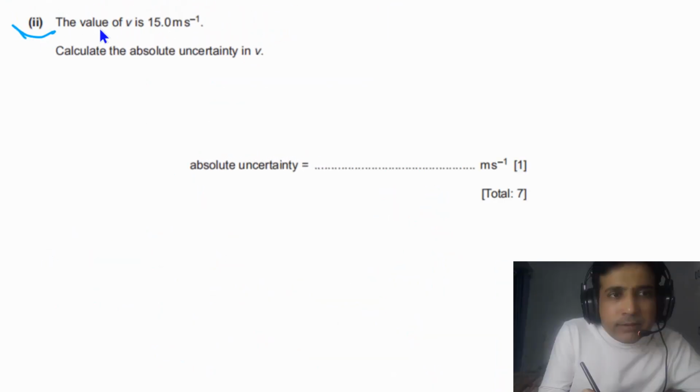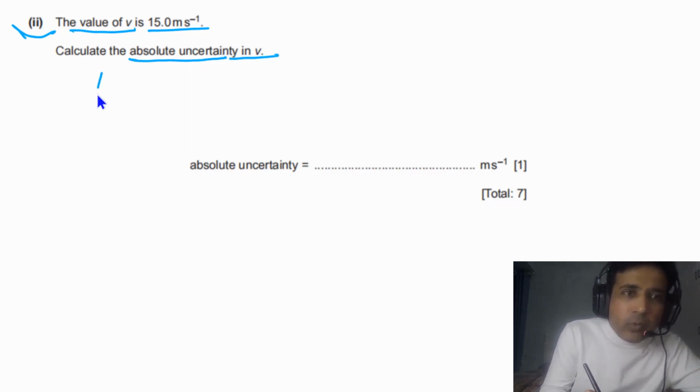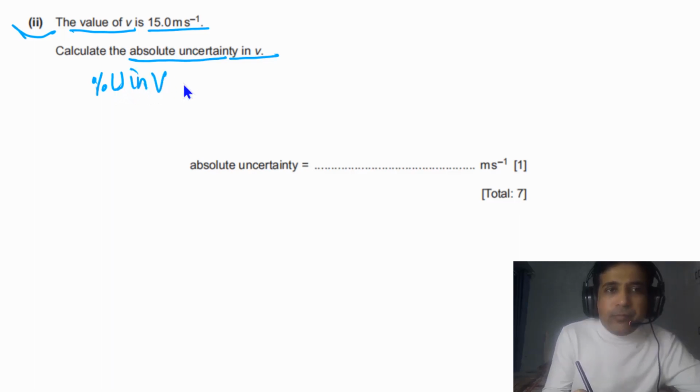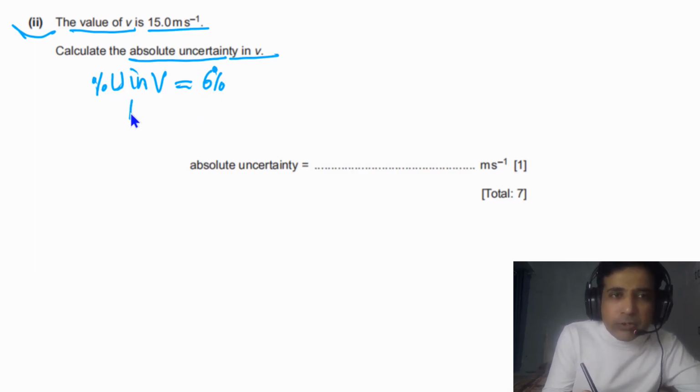For the second part, it is given to us the value of V is 15.0 meters per second, and we need to calculate the absolute uncertainty in V. But we have already calculated percentage uncertainty in V, and percentage uncertainty in V is equal to 6%. So we can convert this one into fractional uncertainty.